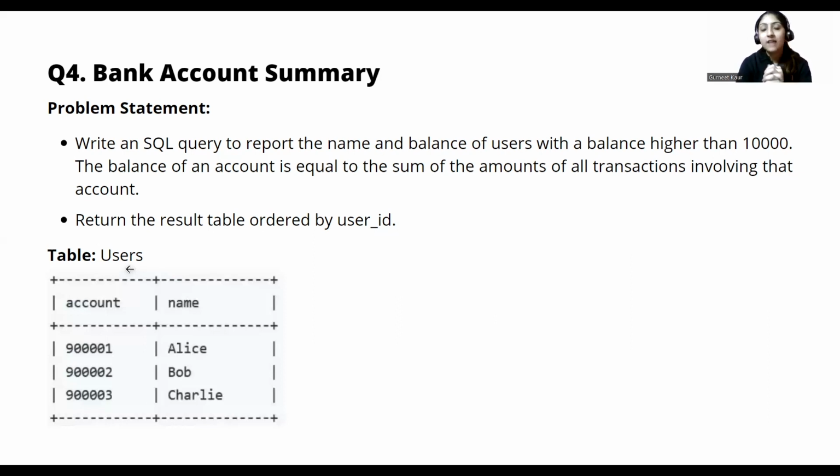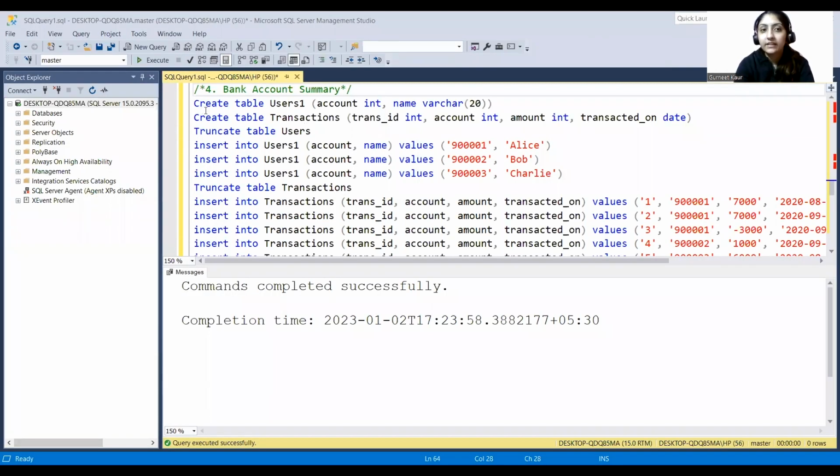So let's understand this problem statement in SQL Server. Now you can see that I've already created the table users one, because I already have a table named users in my database. So I've created a users one table with account and name as its columns. Then I've created another table, transactions, with transaction ID, account, amount and transacted on.